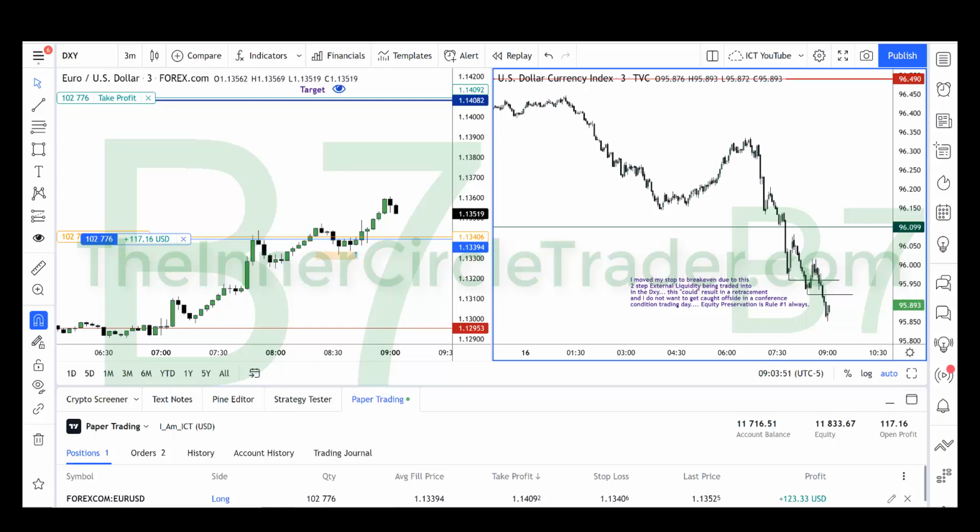We've already moved down. And we're not seeing the follow through in euro that you would like to see, or I would like to see. And we've taken out 2 external range liquidity pools on dollar and in euro, and no real expansion. So it should be exploding higher in euro and wilting quickly with large ranges on the dollar index. Is it doing it? No, it's not doing it.